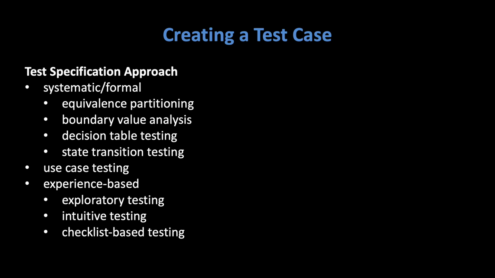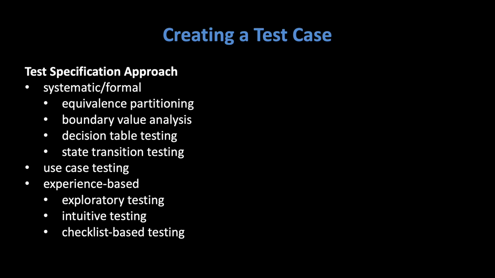Then you have use case testing, where you can test an abstract layer of the specification defined by use cases. And this approach is very important for system test. And there are experience-based approaches.